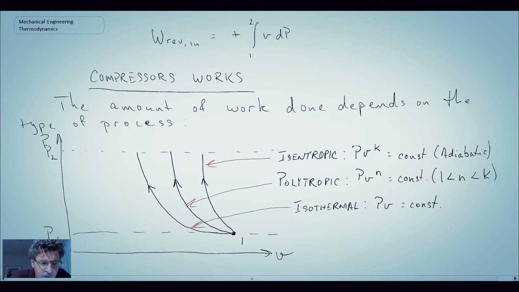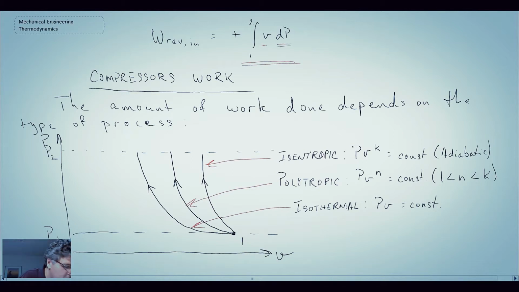Now, when we're looking at compressor work, sorry, I made a mistake, it should be compression work. What we can do is come back to our equation up here and notice what this one is. We have the specific volume integrated with respect to dP.